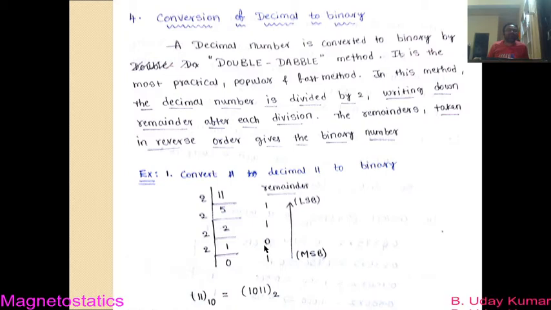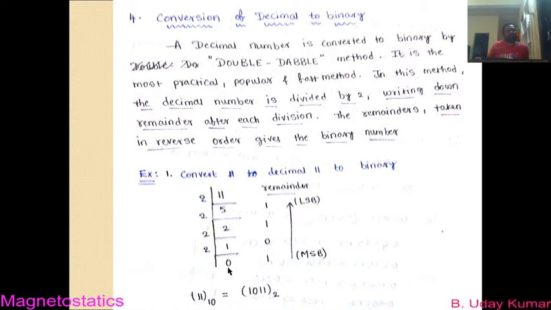So this is called the double dabble method. Please check it out. If any decimal number is given to you, you can easily convert it into binary. For that you follow the double dabble method, in which we divide the given decimal number by 2, writing down its remainder on its side after each division.